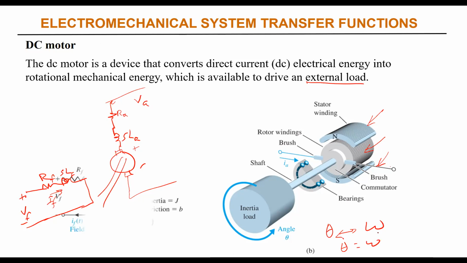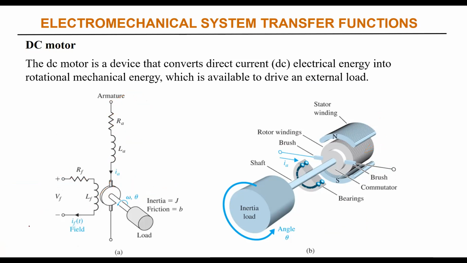So look, let me put it in a neater way. This is basically the circuit which will model the system. And I'm looking at theta, the output, theta of S, over either VF or VA, which is the voltage here.